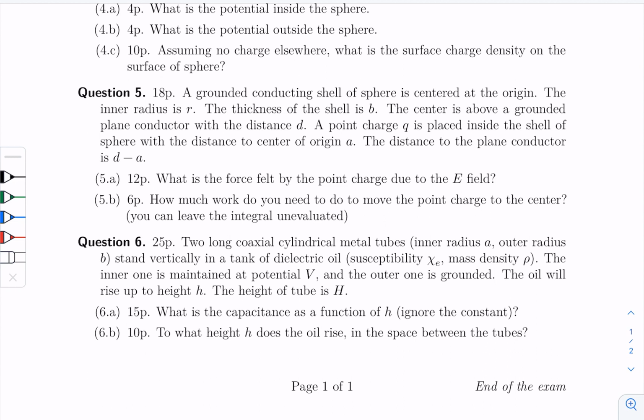Following this, I will be able to get the equation for the height, and then solving the equation for the height, I will be able to get the results.